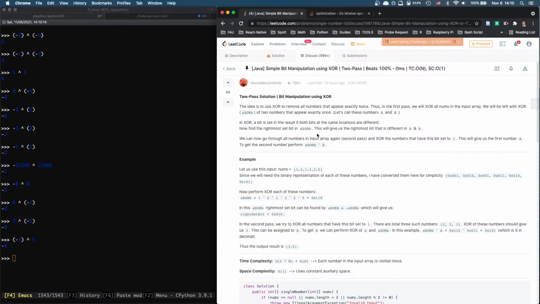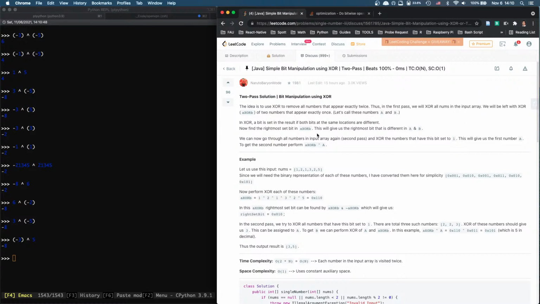Wait, so we exclusive OR the 2 values, right? And then, 3 is 0, 1, 1. 5 is 1, 0, 1. Exclusive OR gives us 1, 1, 0. So we find, from the right side, this is going to give us 0.